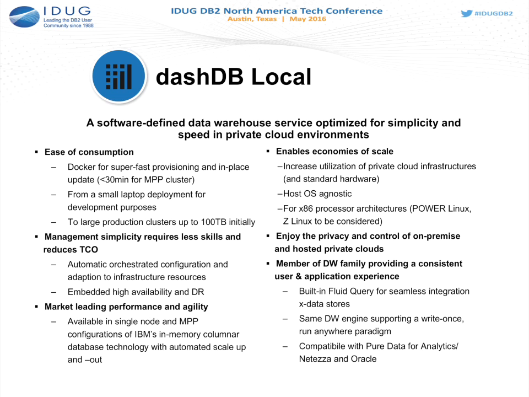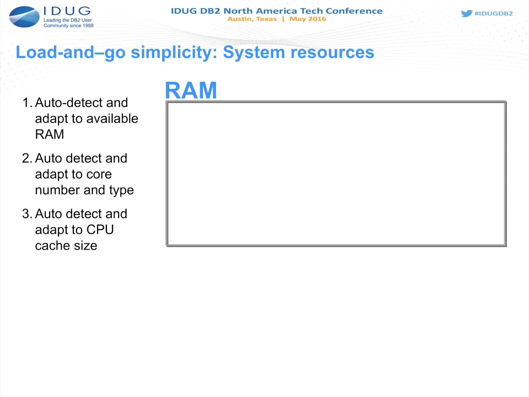All right. So part of the secret of this notion of a software-defined environment is this automatic adaptation to the hardware that you provide. Big servers, small servers, how do we do that? As soon as you deploy this software, the first thing that it's going to do is auto-detect your resources. It discovers the amount of RAM that's available on the server.